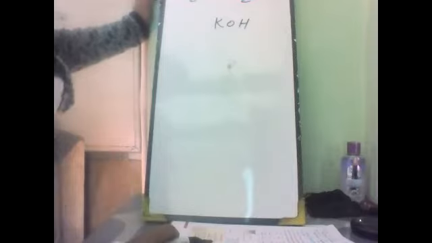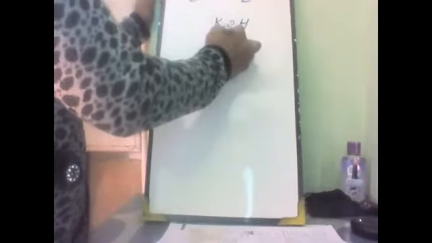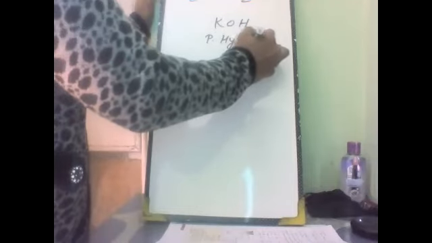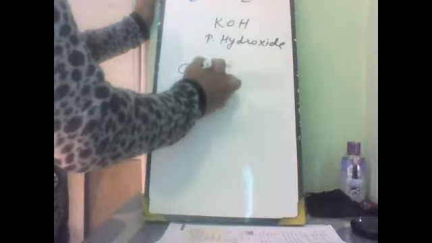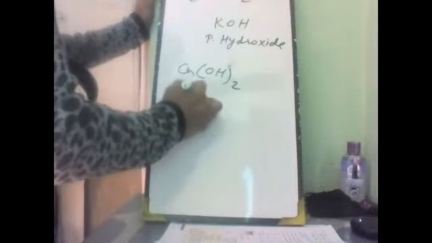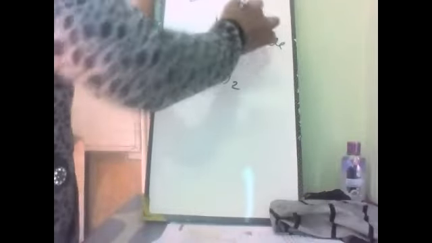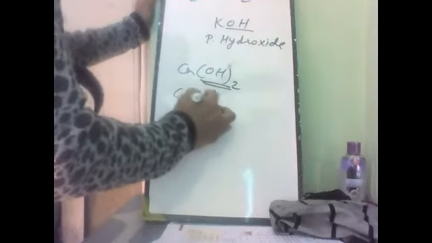KOH is the formula for potassium hydroxide. We have written the calcium hydroxide formula like this. Why are we writing this? Here only one oxide is there, but here the number of oxide molecules is 2. Give the reason.